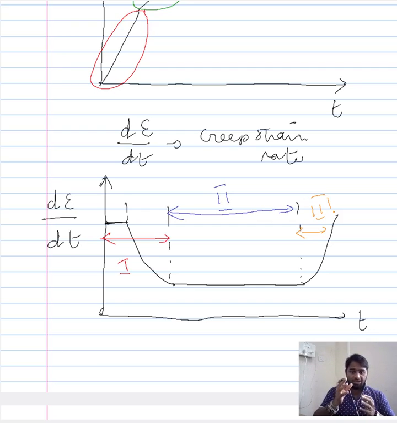The slope, or the creep rate, characterizes each of these creep stages.